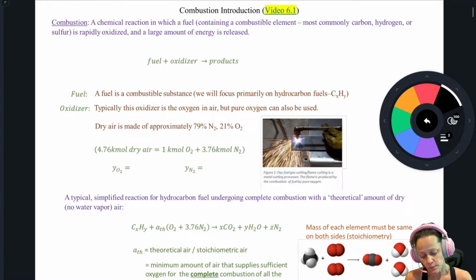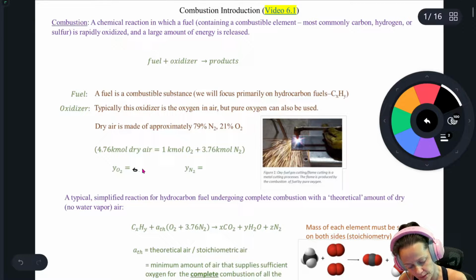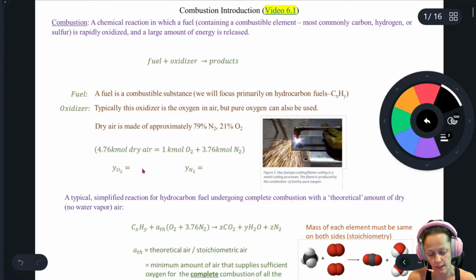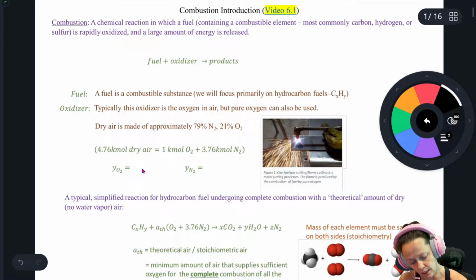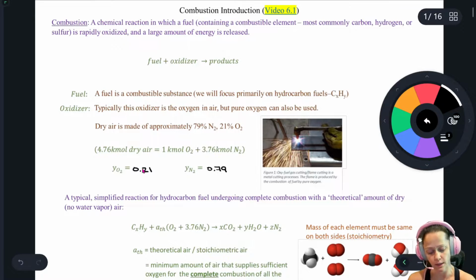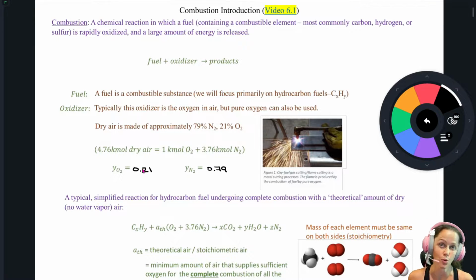Dry air is made up of 79% nitrogen and 21% oxygen. Clearly there are other gases in there as well, but those are the primary components in that mixture.